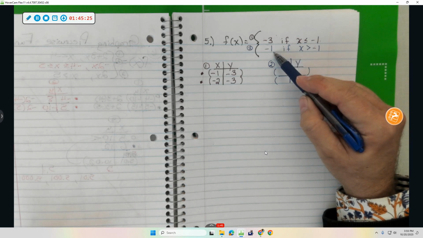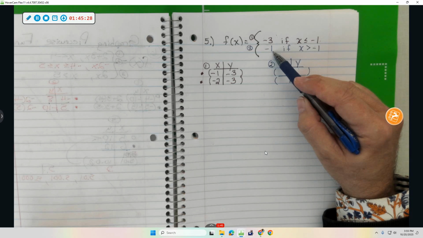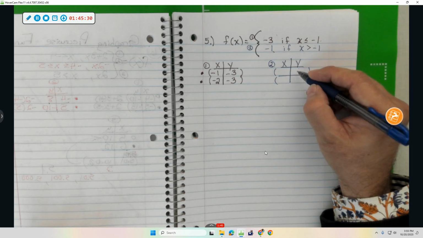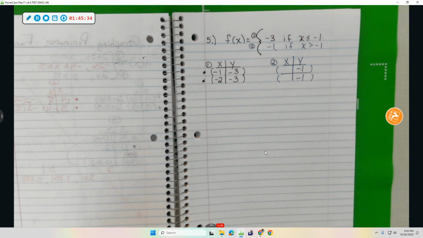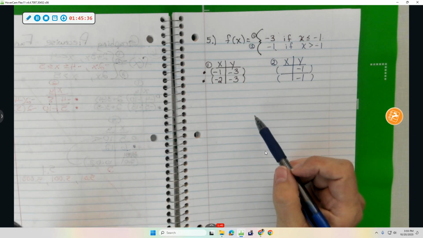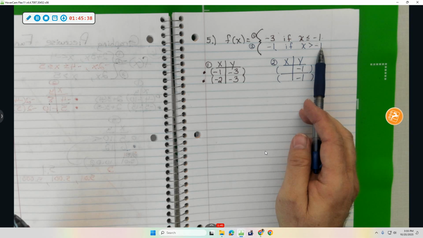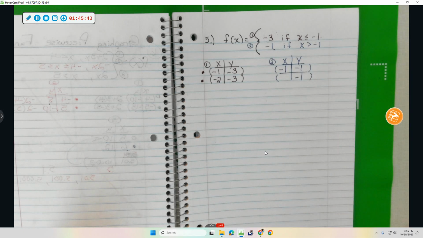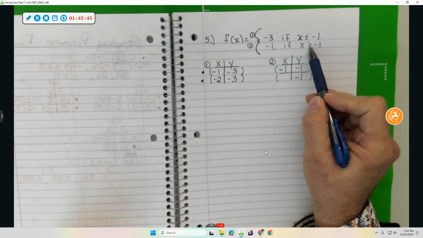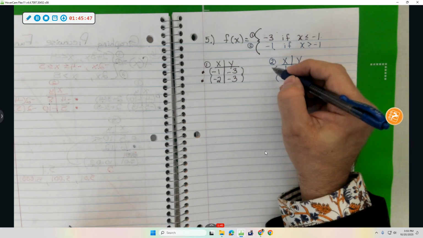This is a constant function. Every y value is -1. Okay, what number must he first plug in for x, or use for x? Got -1 from the inequality. That's a cut point. How will it be labeled? Open circle.